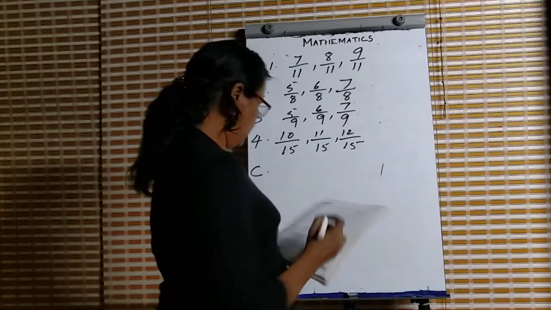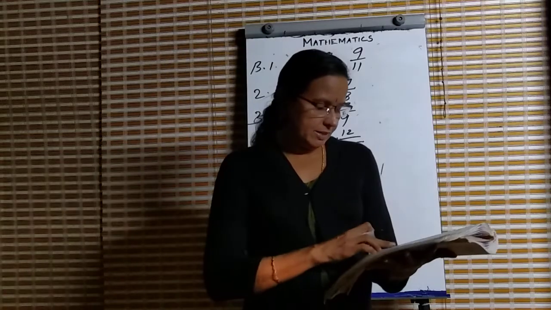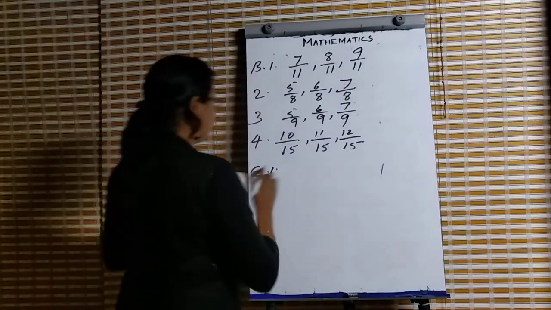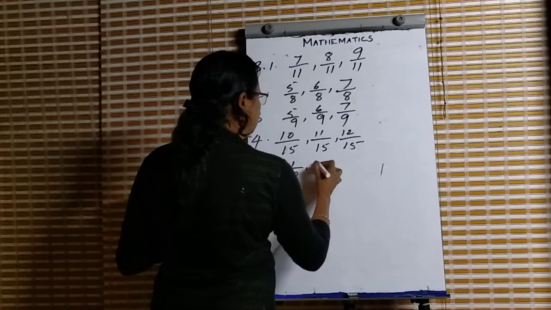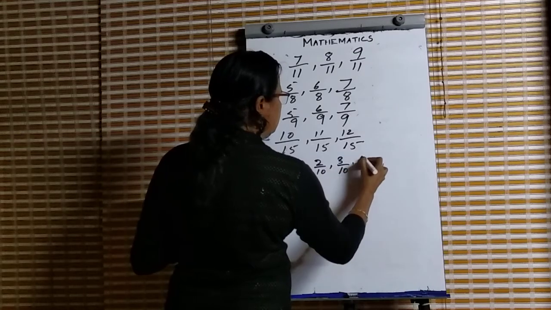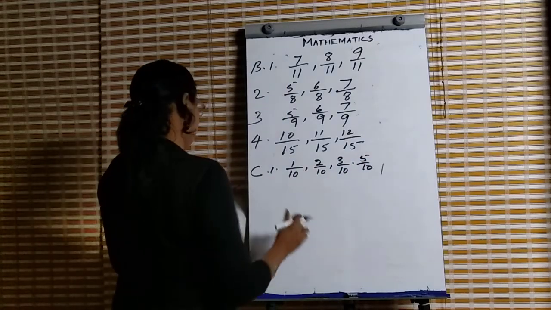Write C 1. 4 like fractions with denominator 10. 1 by 10, 2 by 10, 3 by 10, 5 by 10. Write 4 like fractions.